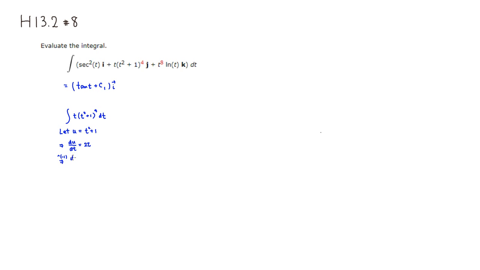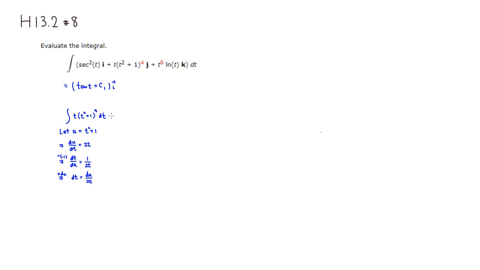We have dt over du is equal to 1 over 2t. Then we multiply through by du so that we have an expression for dt, which came out to be du over 2t.